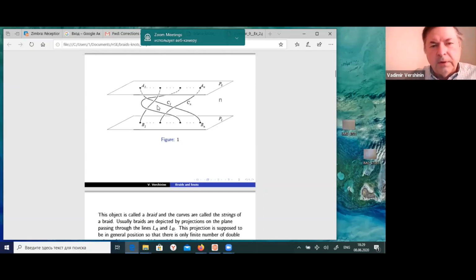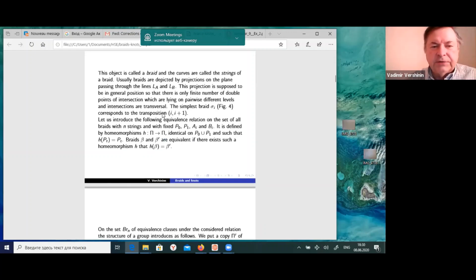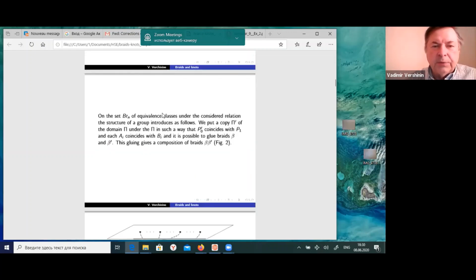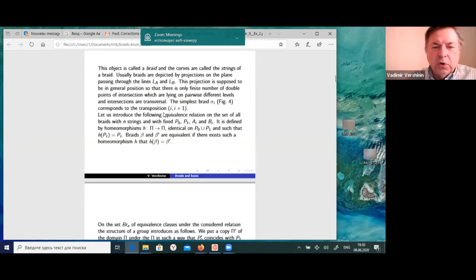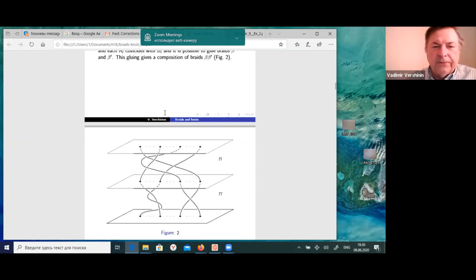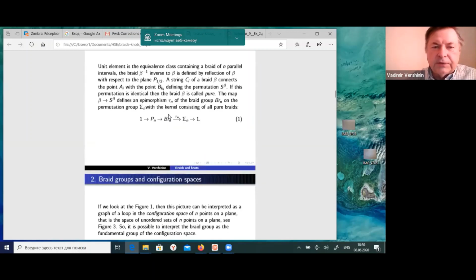So isotopy in the class of braids is possible. Then braid is what we call geometrical braid and its class of equivalence. This is the braid. And because of this, we can have a map. This is what we call the braid up to isotopy.